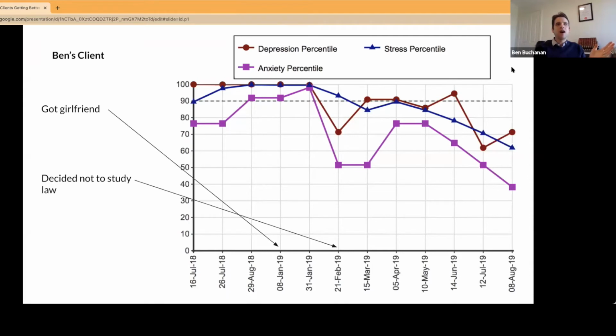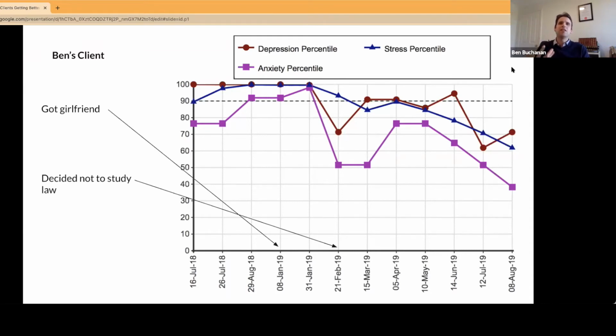And I think what it actually was, I decided that I wasn't going to study law in February. And for this guy, he was highly perfectionistic, had unrelenting standards, and law was a symbol for him. He was at university and it was a symbol of potentially his parents' values.